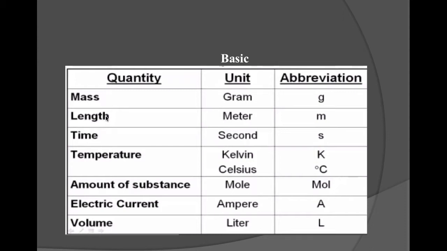We may very well be asking for grams, but maybe I wanted the answer in kilograms, but I was given milligrams. So there are many different units of measurement that we might be converting to and from, and they could be for mass, length, time, temperature, amount of substance, electrical current, or even volume.